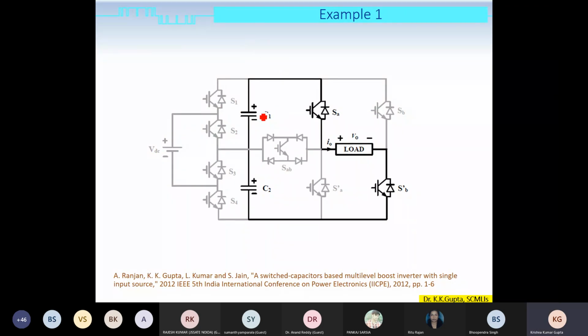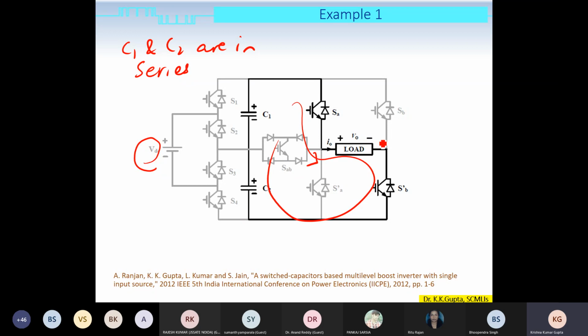Now I have shown one more state here. Here the input source VDC is not connected to the load, but the load is being supplied by a series connection of C1 and C2. Here we see that C1 and C2 are in series and they are supplying the load. If we apply KVL here, we have seen in the past two states that C1 was charged to a voltage VDC, and C2 was also charged to a voltage VDC.